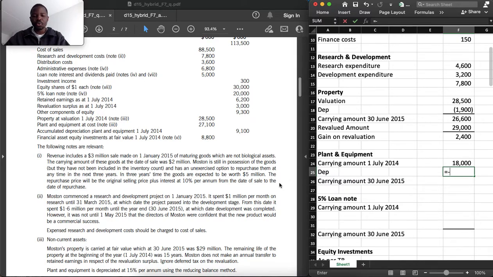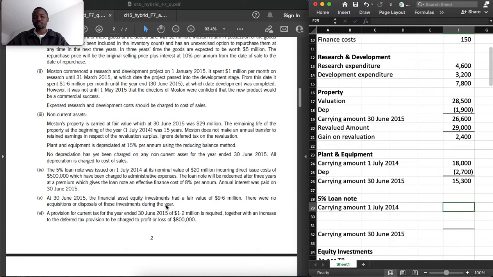Then we need to depreciate that at 15% reducing balance. We get that depreciation, then we calculate the carrying amount at the year end. Of course, we are not going to use this carrying amount as we are not doing the statement of financial position. Let's go to note number 4.